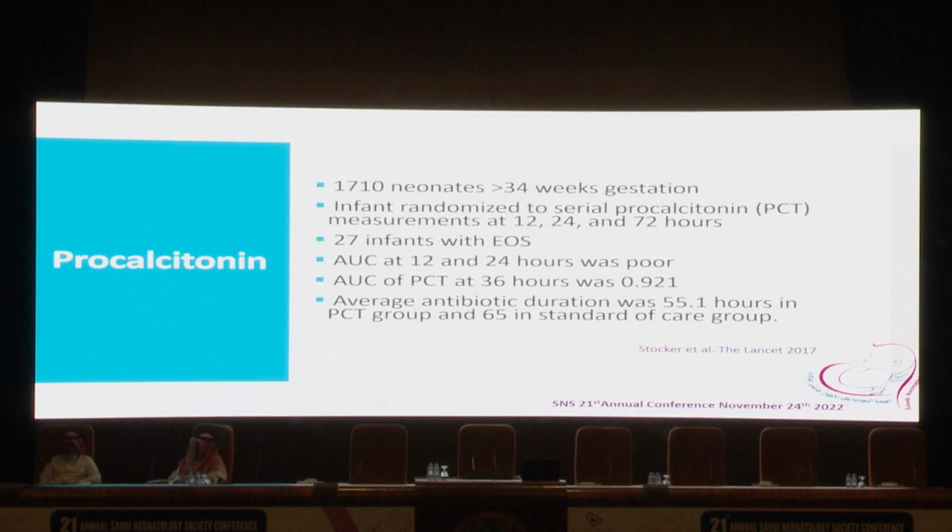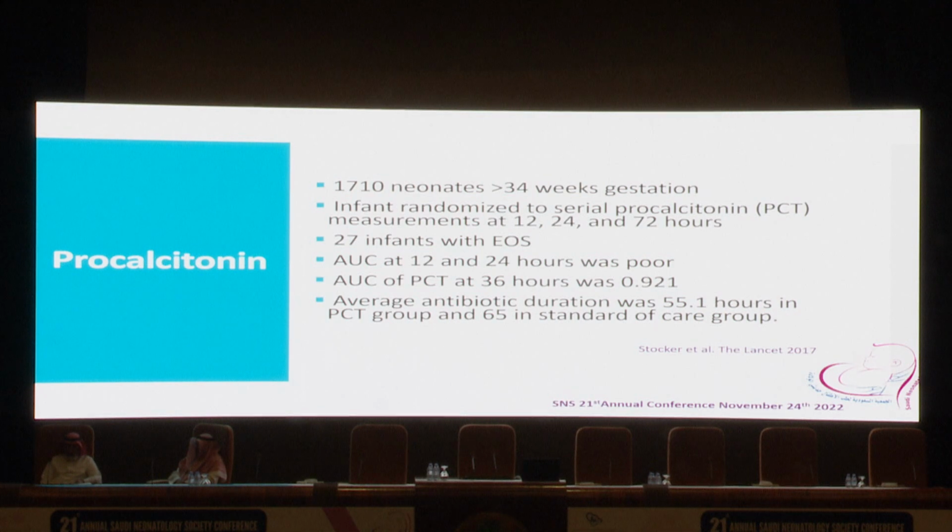What they found is that the area under the curve for those patients at 12 and 24 hours is poor, less than 0.5. And if we take the procalcitonin at 36 hours, it is more than 0.9. As you know, if we have an area under the curve of 0.7 or more, it will help us really to discontinue the antibiotic.